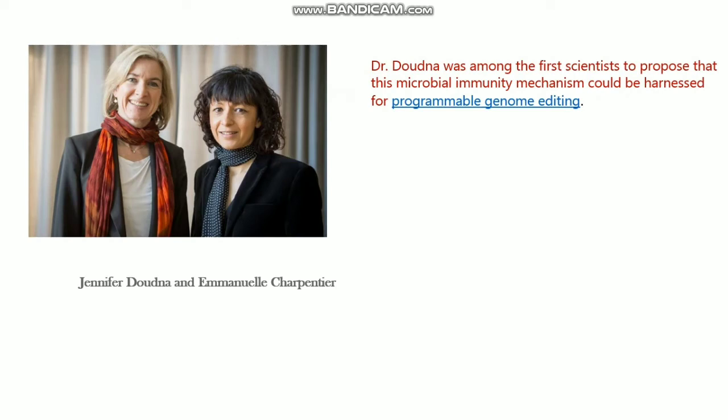And very recently, in 2020, Dr. Jennifer was the first scientist to propose that the microbial immunity mechanism could be harnessed for programmable genome editing. She was the first to propose and prove that CRISPR-Cas9 can be used for programmable genome editing.